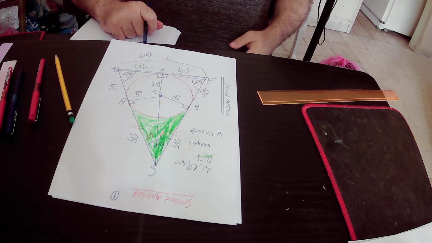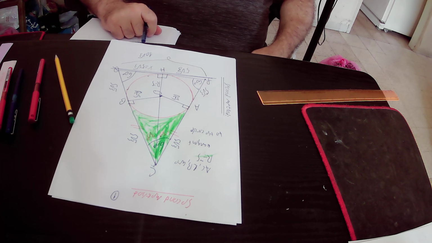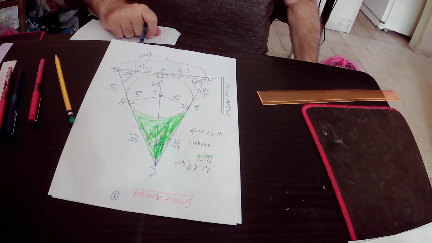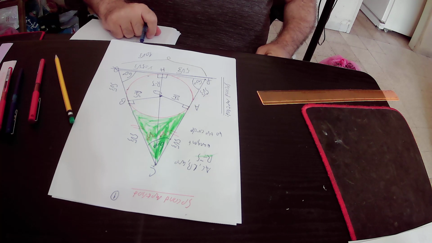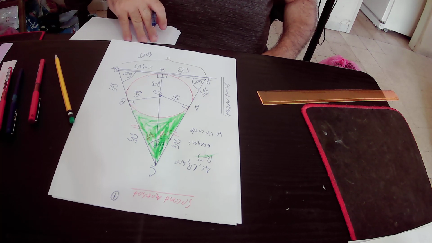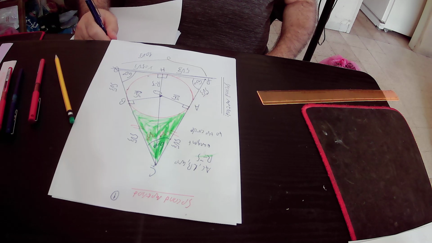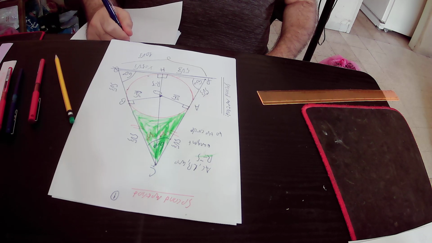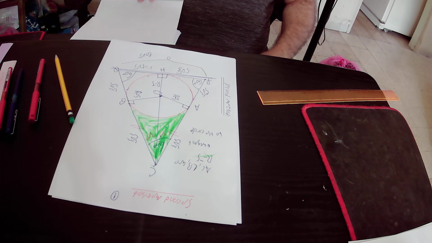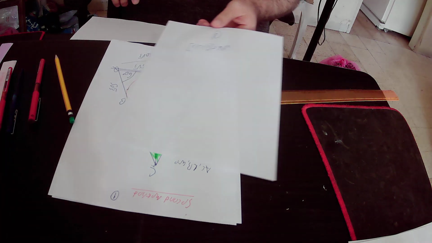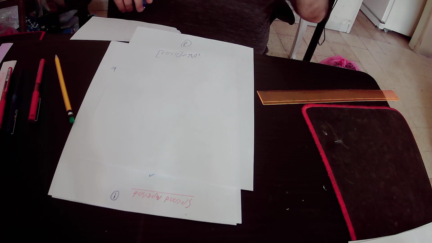And what is the area of the circle? The area of the circle equals pi r squared.